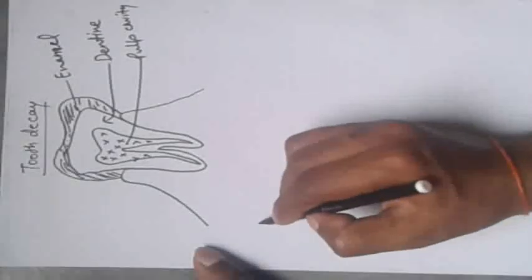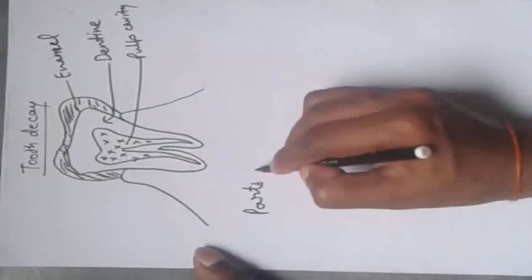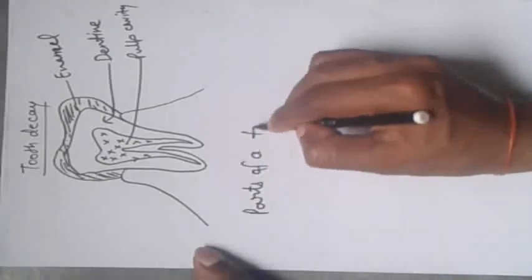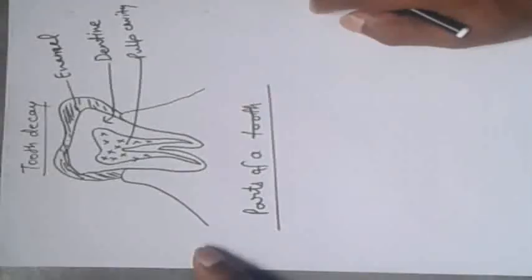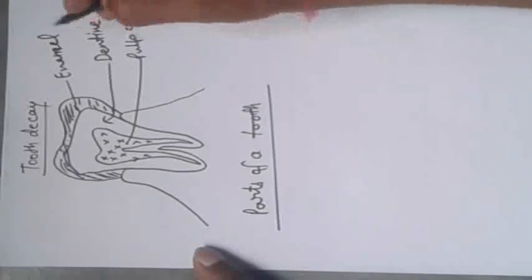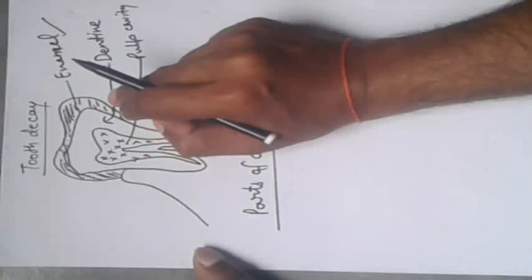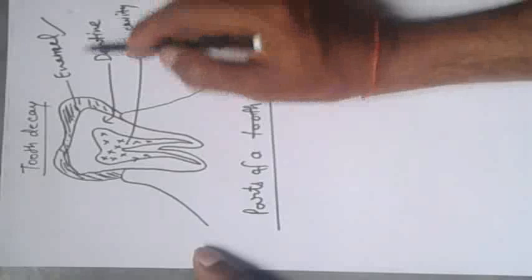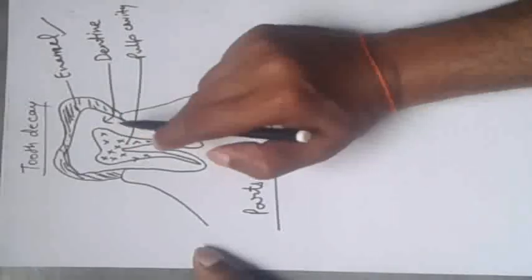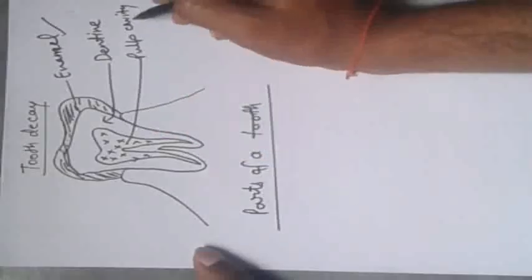This figure shows parts of a tooth. A tooth is made up of different parts. The upper part, shown in white color, is called enamel. Just below the enamel, dentine is present, and below the dentine a cavity is present, called pulp cavity.